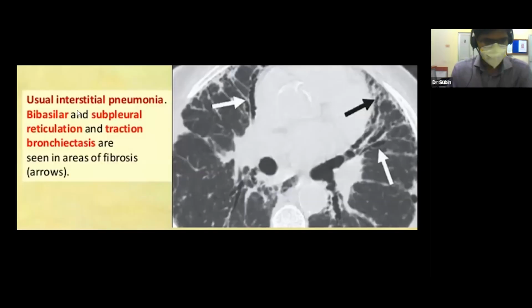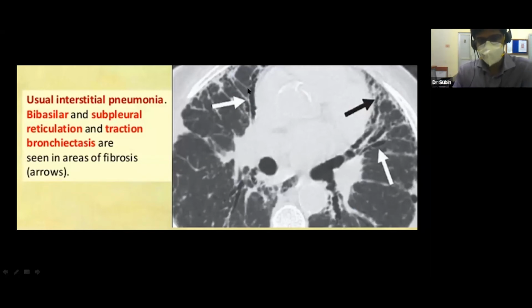With regard to the bronchus, we look at the size and the way in which it is sitting. So this is irregular, it is dilated. How you say it is dilated is when you compare it to the vessel adjacent to it. If it's larger than the vessel, it is dilated. This is what we call traction bronchiectasis. Because of fibrosis in UIP and some kinds of fibrotic NSIP, you'll be able to see this.